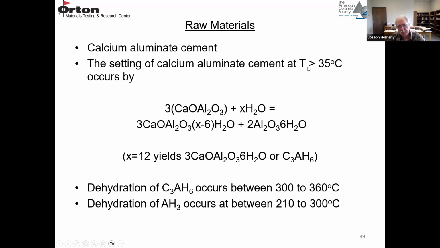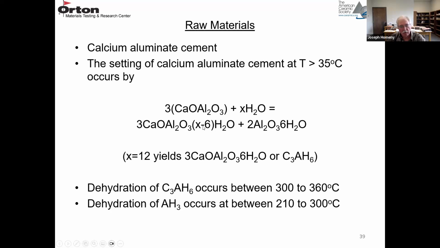So if you hydrate at a higher temperature greater than 35 degrees C, here's your Ca, which is CaO Al2O3, so 3Ca plus XH2O forms this compound, 3CaO Al2O3 X minus 6H2O, and then this is AH3 again.